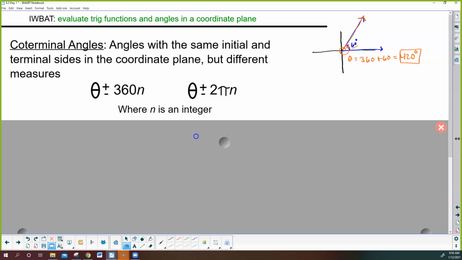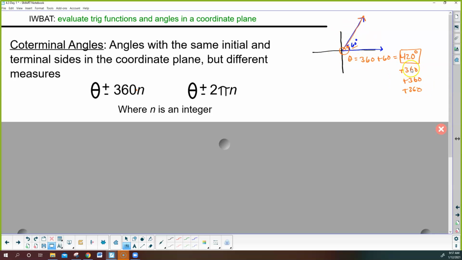So one way to express coterminal angles is, if my measure is in degrees, we can add or subtract 360 times n. N is the amount of times I would go around. So what if I kept going around again? If I went around again, it would be adding another 360 degrees. Every time I go around the circle, it's adding 360 degrees.